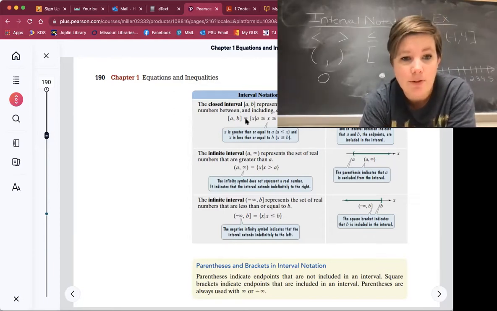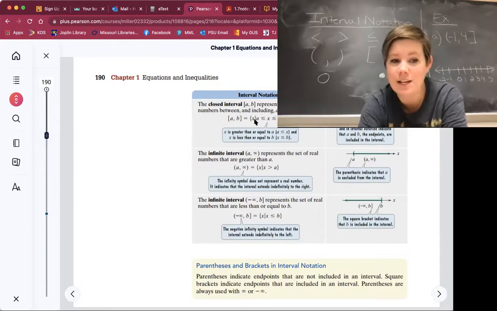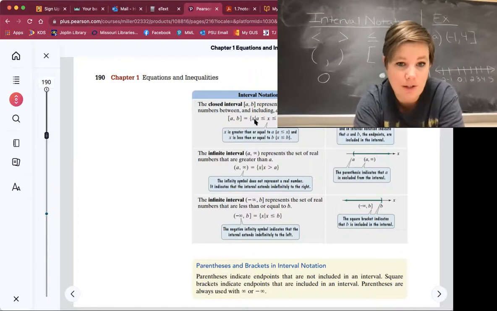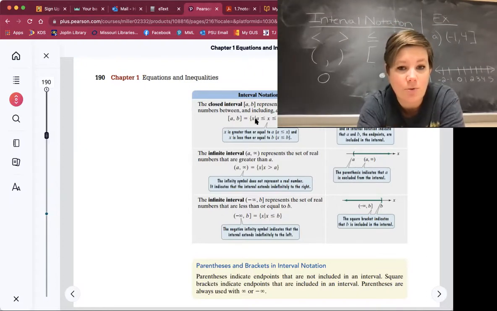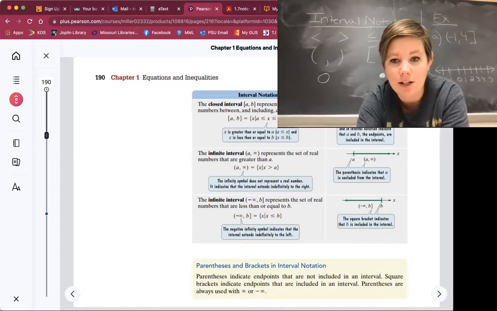And so in set builder notation, we use curly brackets. Notice the curly brackets. And then we have this X with this vertical bar. That's standard procedure. That's always what it's going to look like. So it'll have this X with a vertical bar, and then you write your inequality right there. So bracket A comma B bracket is lying on this line.